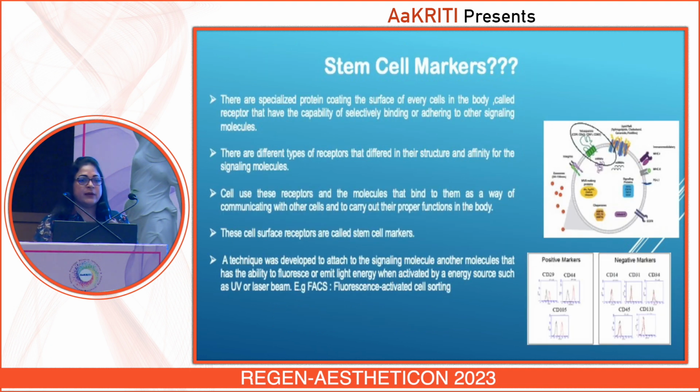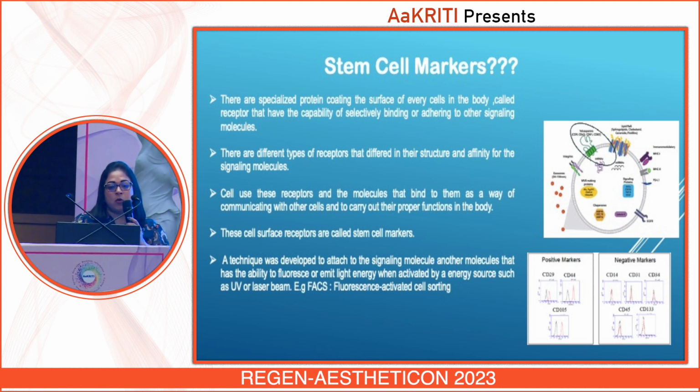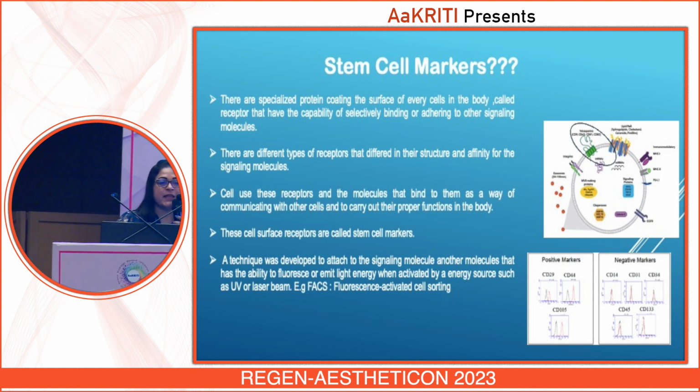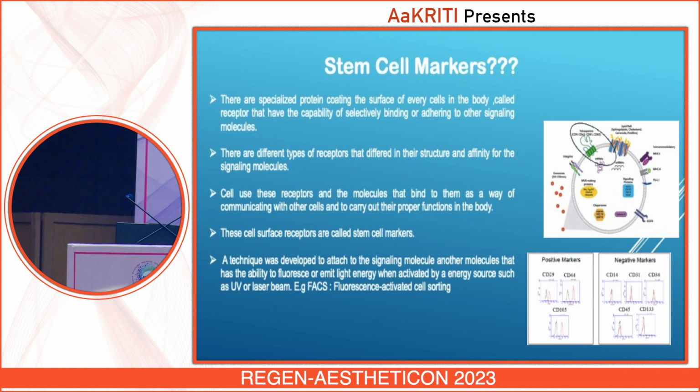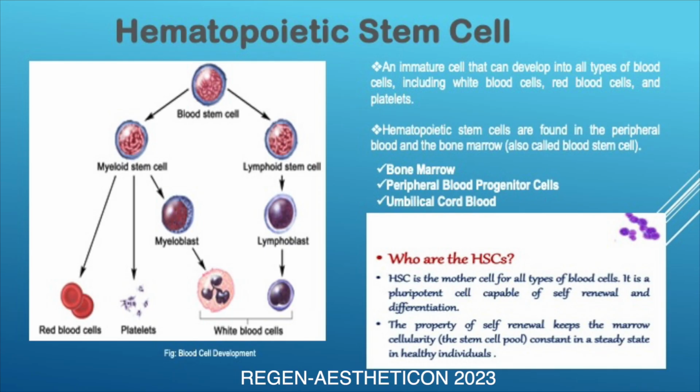The basic terms I want to highlight here, because everybody knows stem cells, but what are the pinpoints you have to remember while using stem cells for quality purposes? The stem cell markers. These are specialized proteins coating the cells, called receptors, capable of selectively binding to signaling molecules.